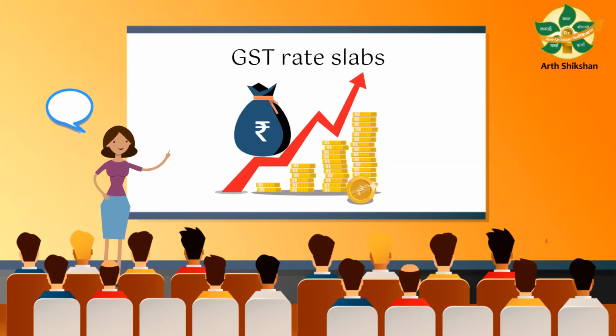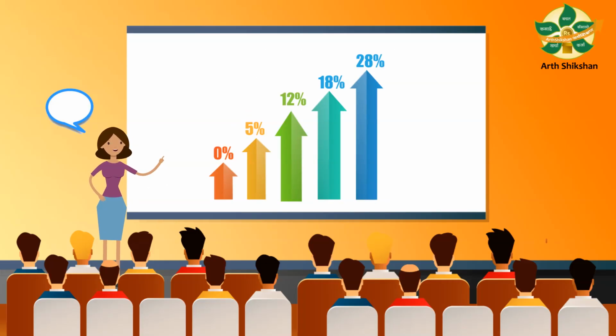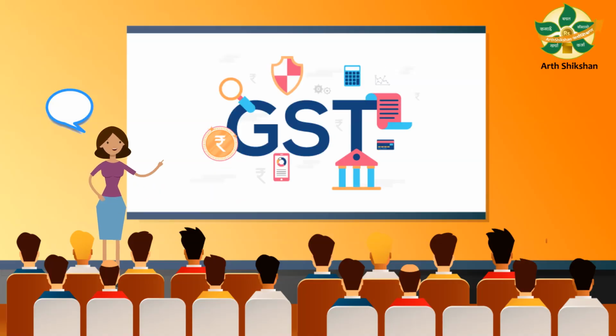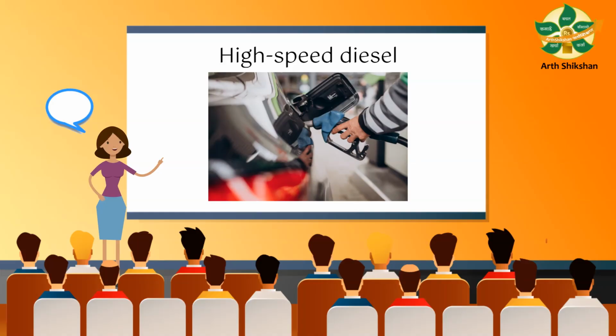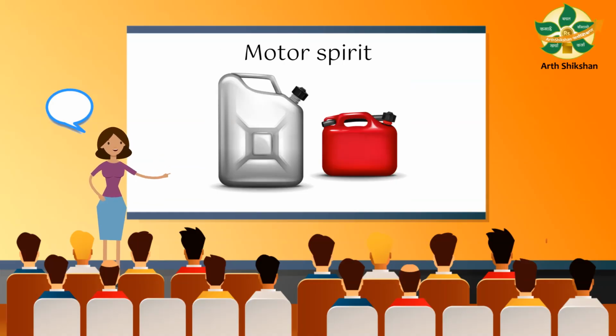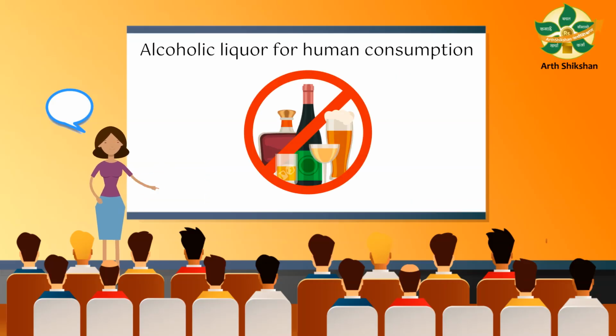Now, let's see GST rate slabs. GST consists of the tax slabs of 0%, 5%, 12%, 18%, and 28%. Certain products and services like petroleum products, high speed diesel, motor spirit, natural gas, aviation turbine fuel, and alcoholic liquor for human consumption do not come under GST rates.